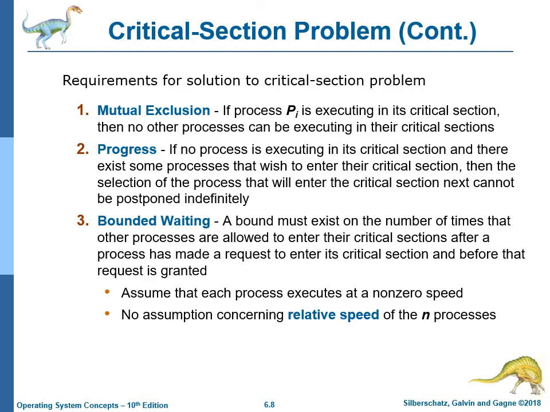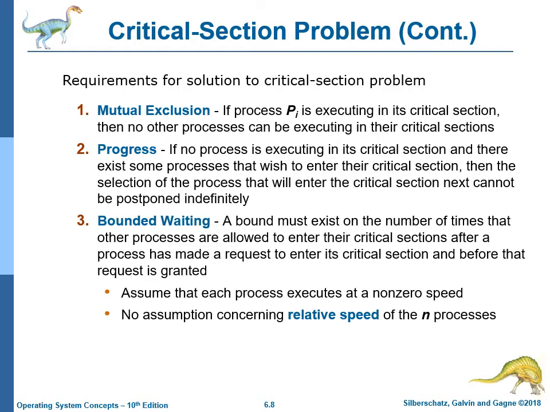Progress ni dia punya syarat ialah kalau tak ada proses yang execute dia punya critical section dan some process dah request to enter dia punya critical section, only those processes that are not executing in the reminder section can participate in deciding which process will enter its critical section next. And this selection cannot be postponed indefinitely. Dah tak boleh postpone dah.